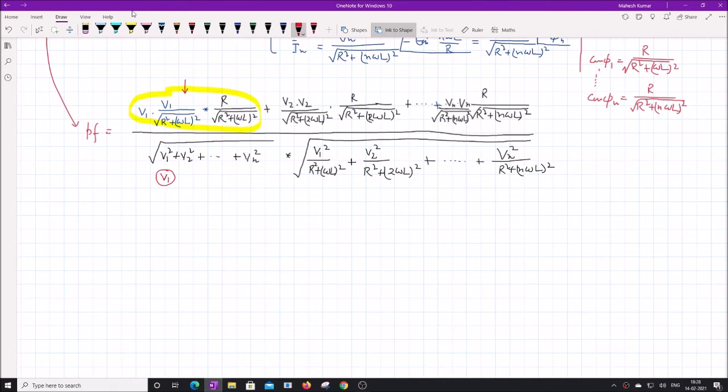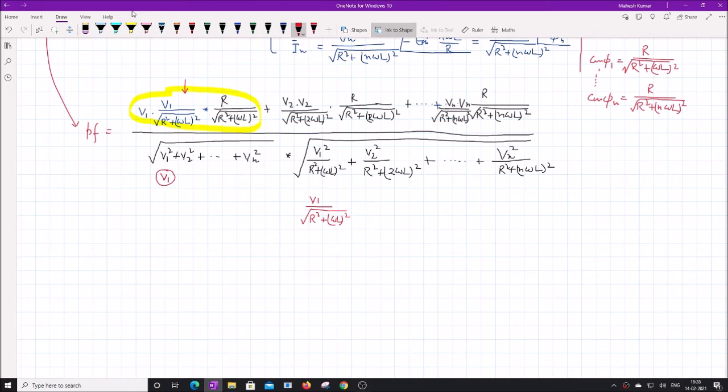And here we can take common as V1 by square root of R square plus omega L square. Okay, so this is common for this.